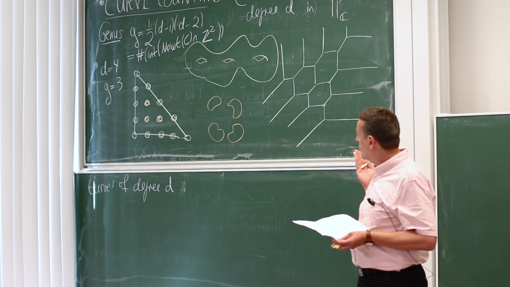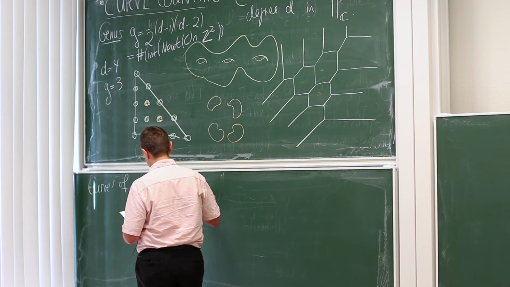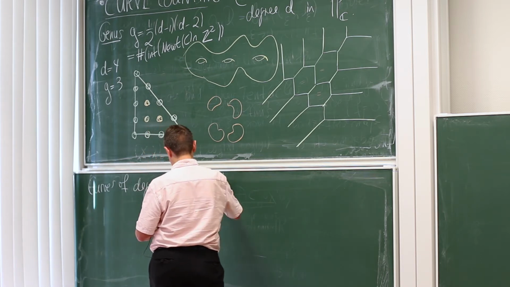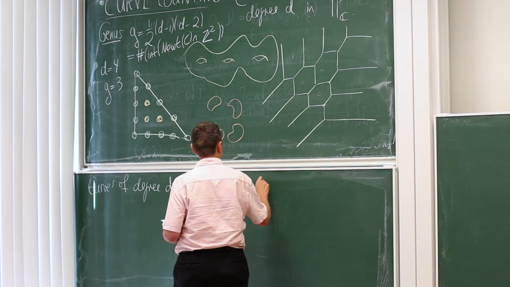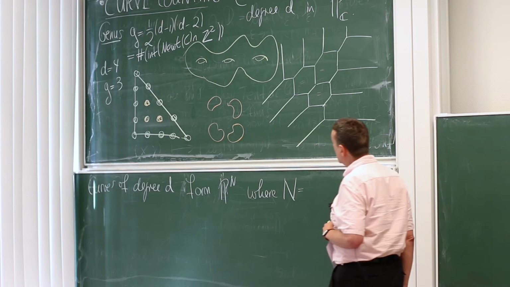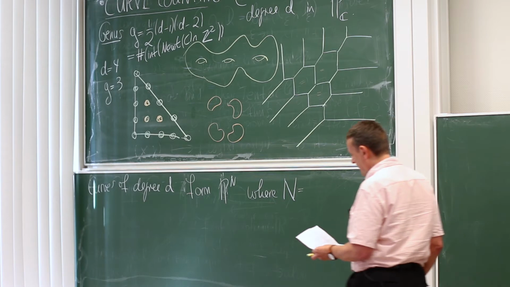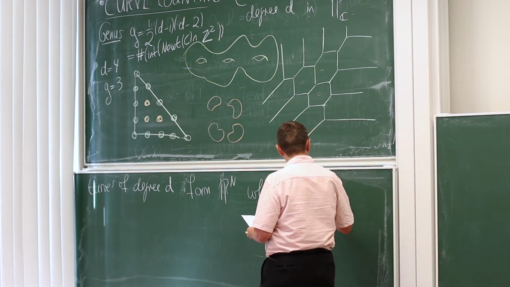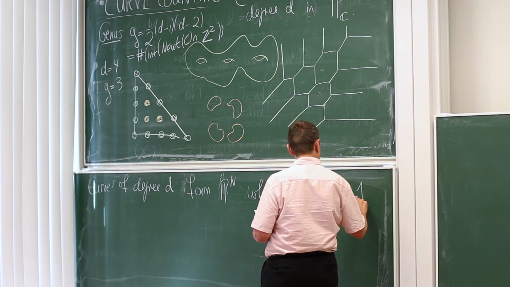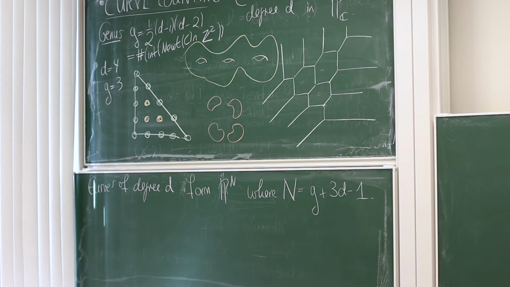So quartic curves themselves form a P^14, so curves of degree d form a projective space P^n, where n is 1 less than the number of monomials. Now, the number of monomials is d plus 2 choose 2, but I'm going to write this in a funny way. I'm going to write this as g plus 3d minus 1. So I claim that the dimension of the space of curves of degree d is the genus given up there plus 3d minus 1.